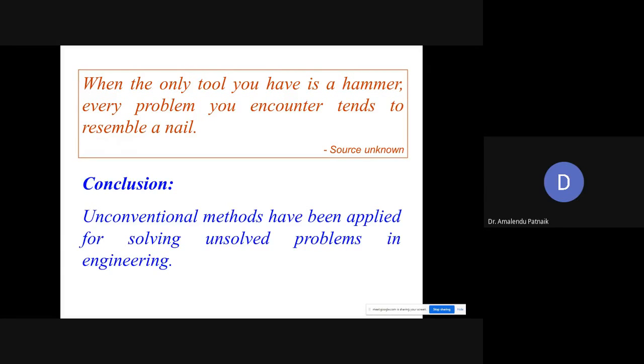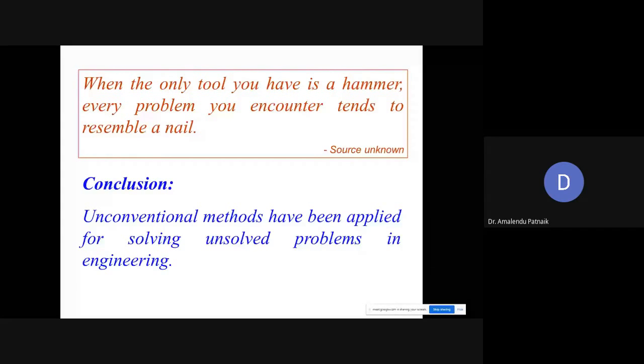That should not be the way, right? If it is an easy, simple problem, then do not go for these meta-heuristic techniques. If there is an actual requirement, then only go for these meta-heuristics, otherwise not.